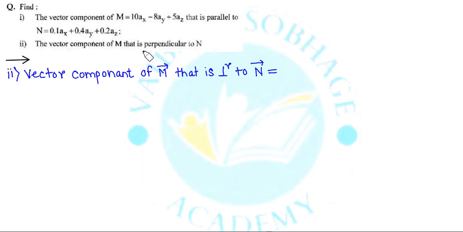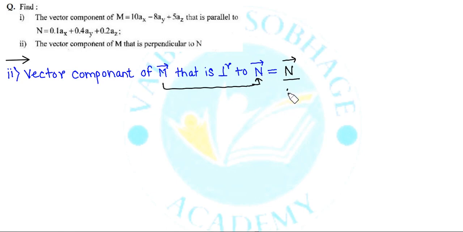In the second part of the numerical, we have to find the vector component of vector m which is perpendicular to vector n. It is given by the unit vector of the vector on which it is to be made perpendicular. That vector is vector n.